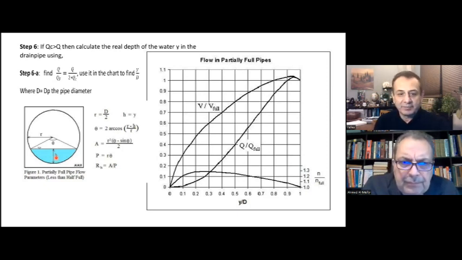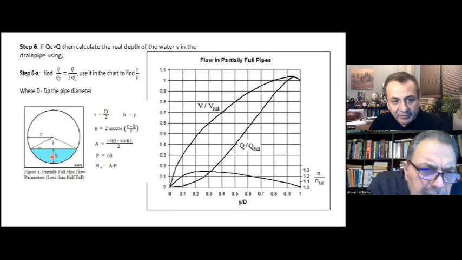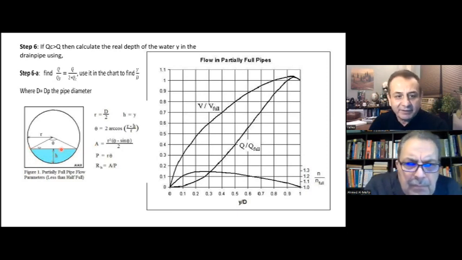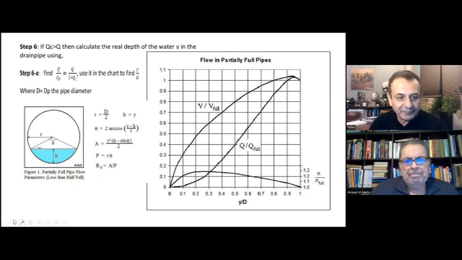So after I find the real depth of water, then I can find the real area of the water, the real wetted perimeter, and the real hydraulic radius RH. Clear? Okay.